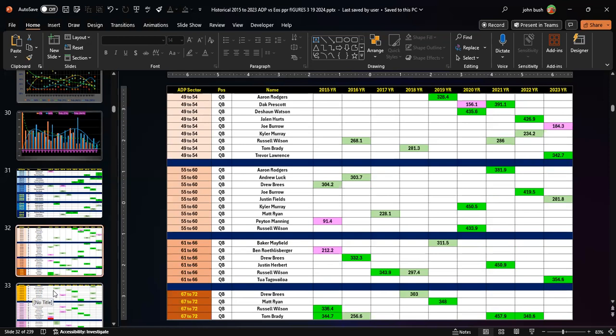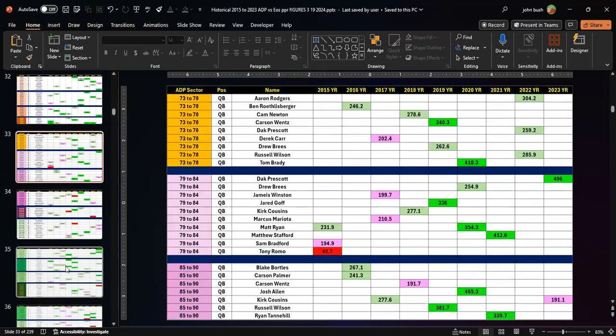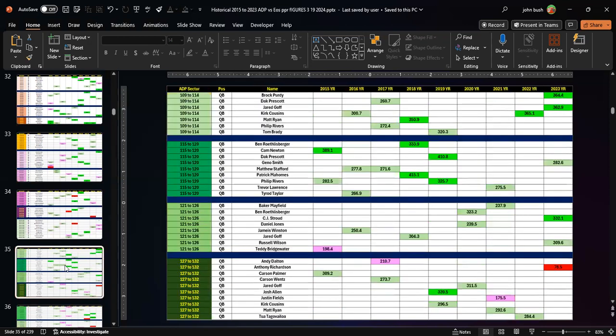So Dennis, in my lesson plan, I actually have all the names and the sector and the year, so you can go historically. Kirk Cousins got hurt, but if you had Dak Prescott, he was a good value late. You can see where Purdy didn't do too bad.